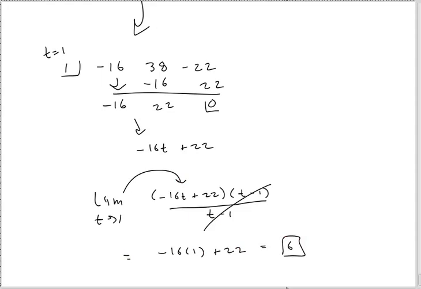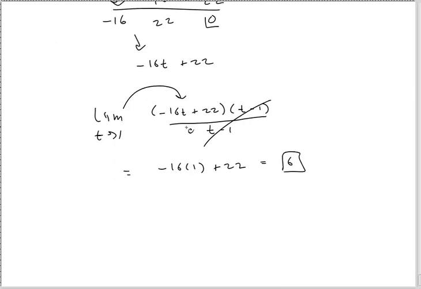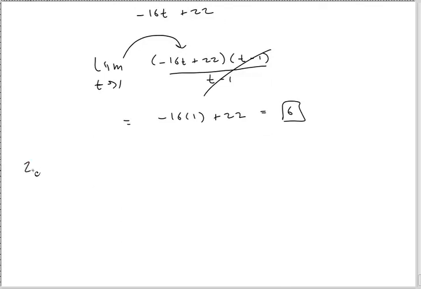And that's your answer. Could I have gotten this 6 quicker? And the answer is yes. But not right now, not in Chapter 2. I would say that's probably the best way to do it right now. When we get to Chapter 3 and we're actually doing real derivatives, then we'll do that.